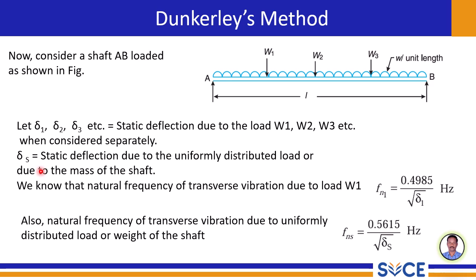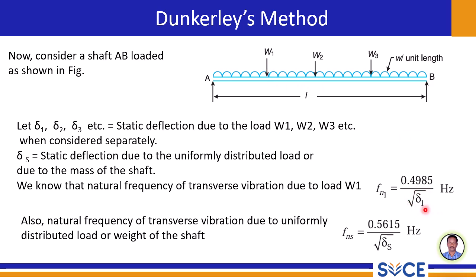There is a well-established relationship between natural frequency of transverse vibration caused by a single point load and its static deflection, that is, natural frequency because of a single point load equals 0.4985 divided by root of static deflection because of the point load alone.